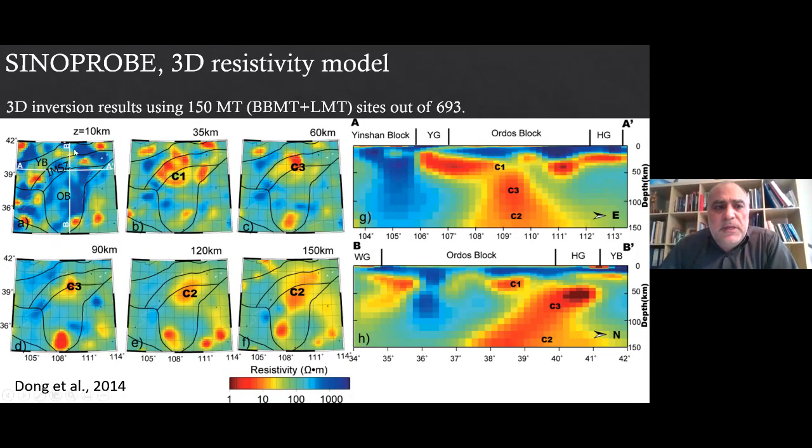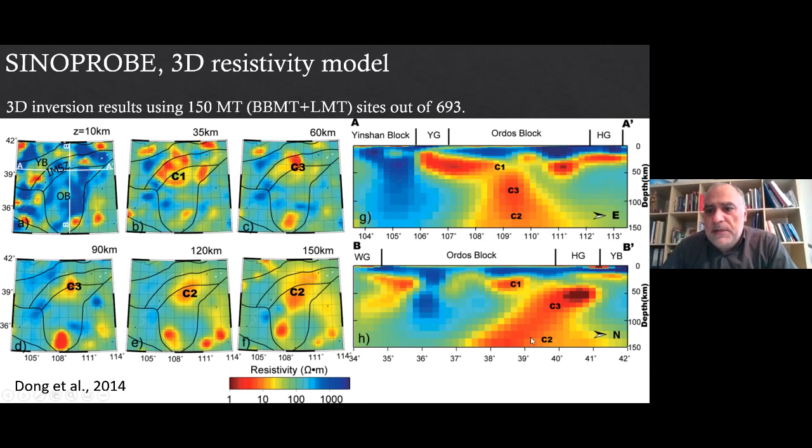Beside the map views that you can see on the left-hand side at several depths, the most interesting part here, if we look at the sections that go to around 150 kilometers, is that we see a conductive anomaly coming from the lower part of the model and moving up, and at the crustal level, they start to spread in the horizontal direction.